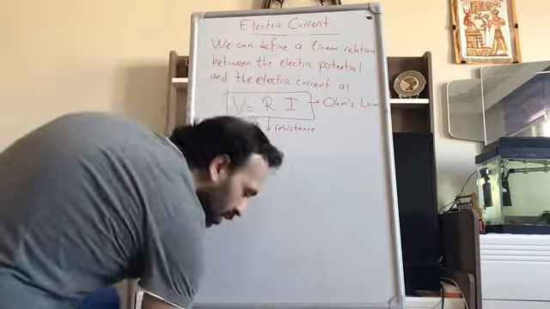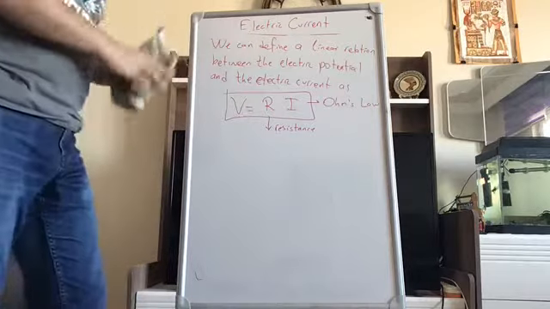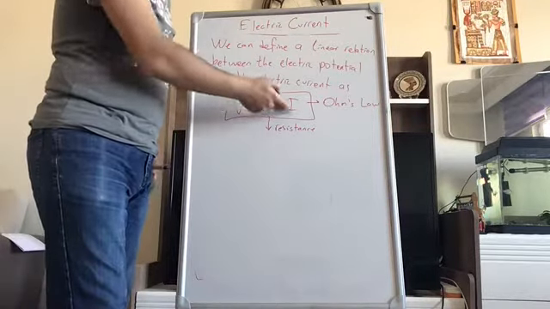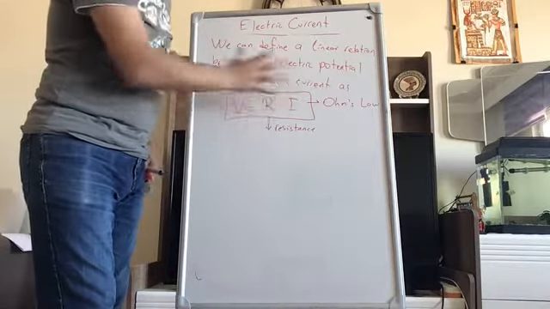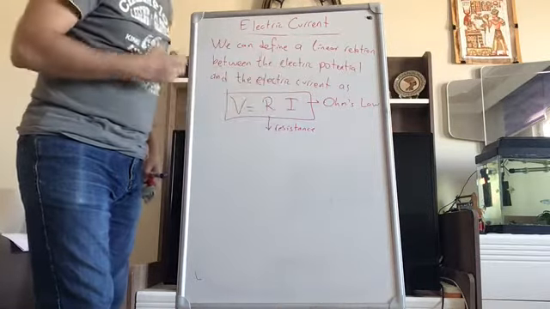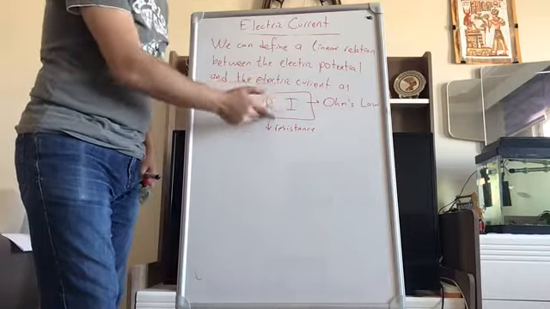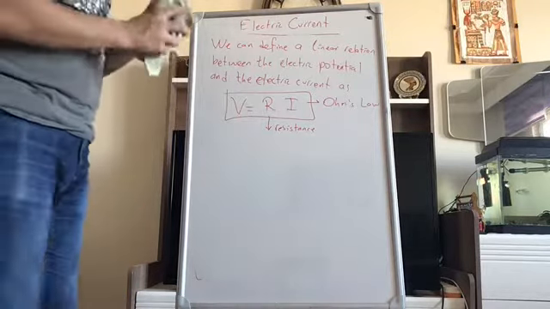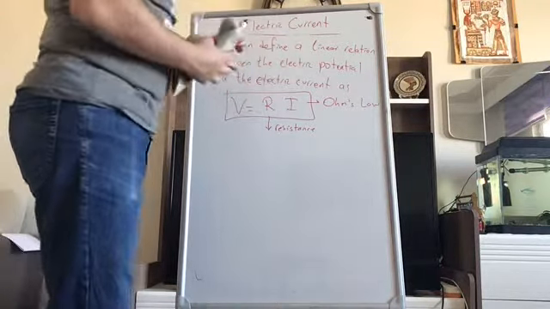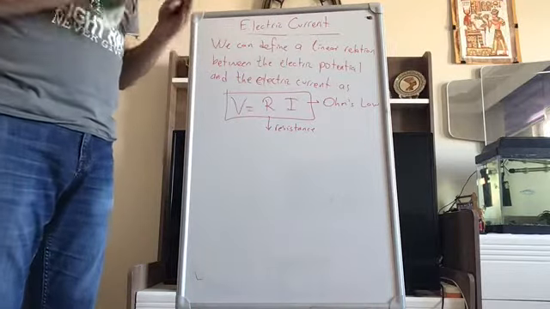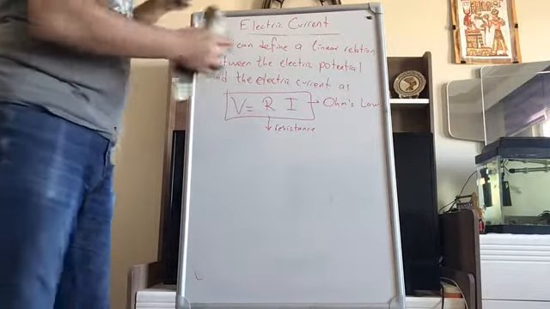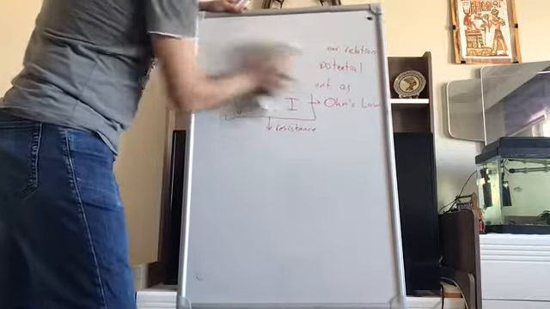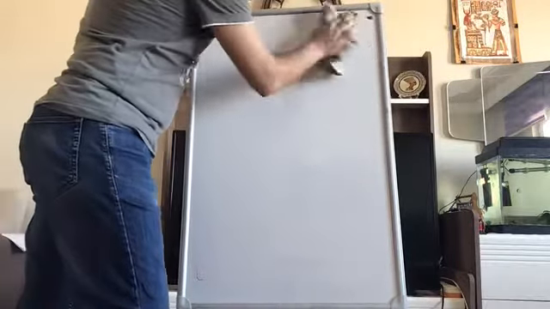This is Ohm's law. According to Ohm's law, there is a linear relation between the electric potential and the electric current through the wire, and this relation is formed by the resistance of the wire. So this resistance depends on the atomic structure and also the geometry of the material, and let's see how it depends.